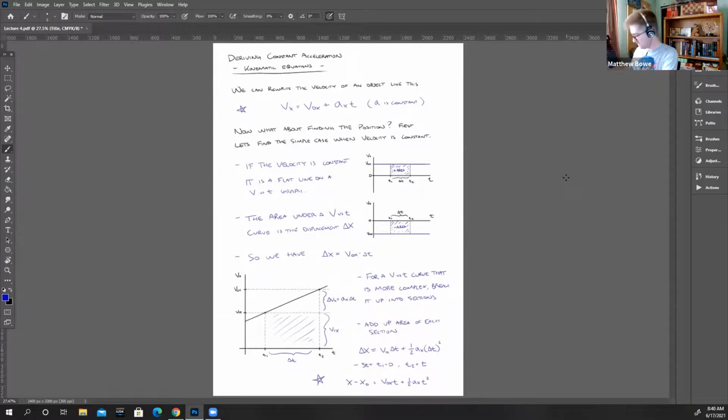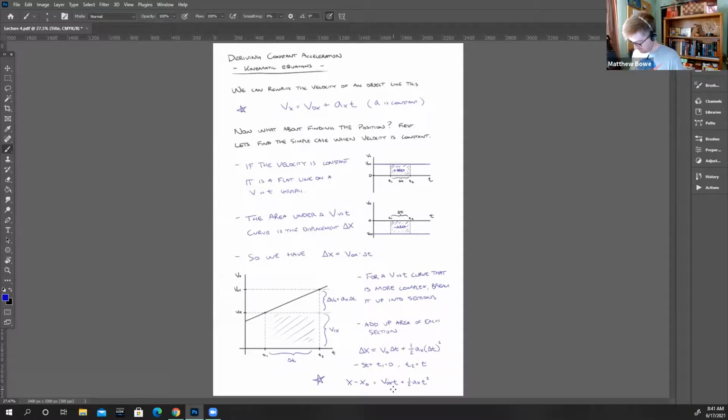Now look at these two equations I put a star next to. They both have a lot of variables in them. For that top one, I would need to know initial velocity, acceleration, and time to find that final velocity. And the one on the bottom is even worse.